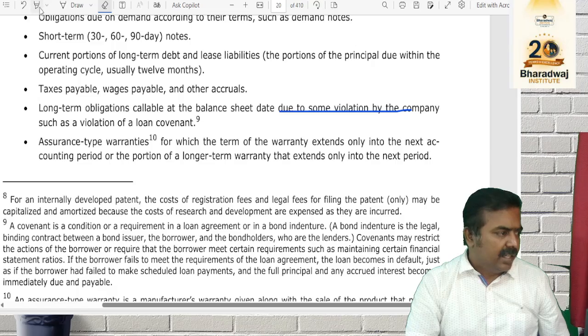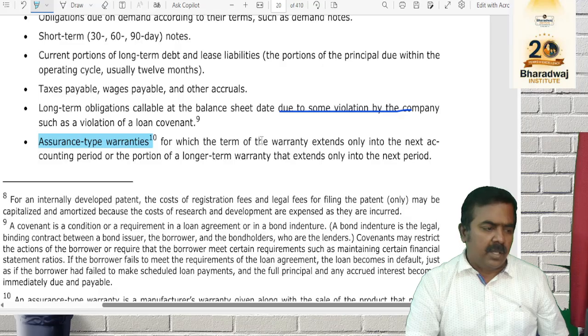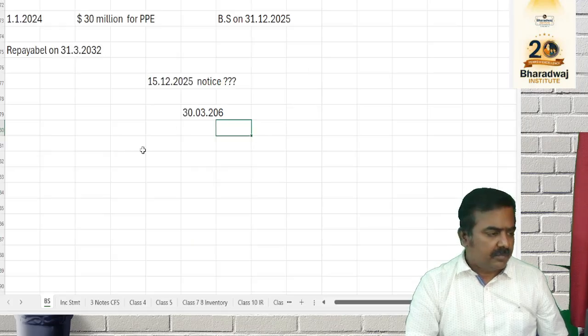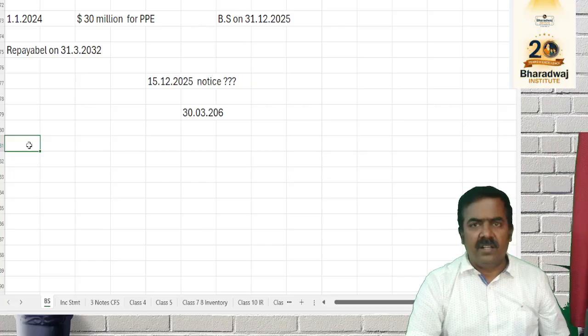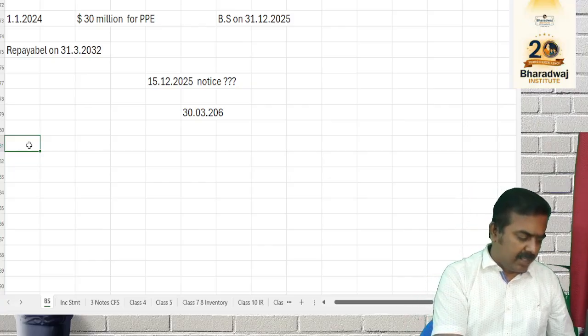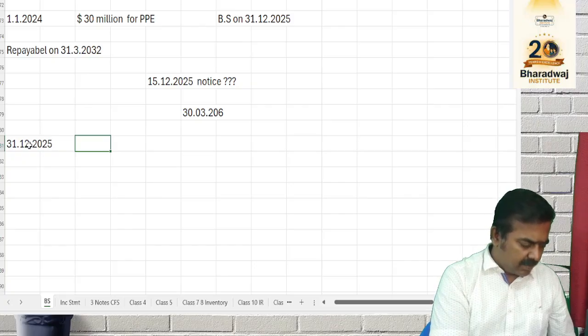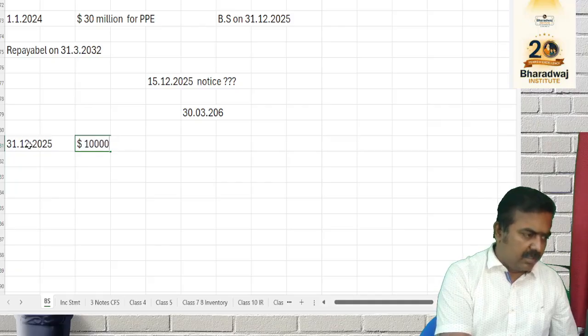Then any assurance type warranty. What do you mean by assurance type warranty? Let's assume a customer purchased a laptop on 31/12/2025. The customer has paid, let's assume, $1,000 for the laptop.